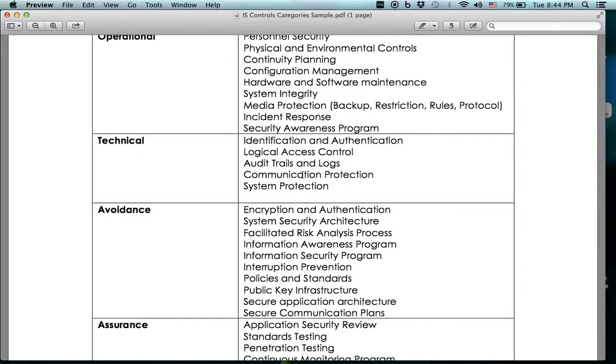For technical control, we depend on the system, like identification or authentication. This area has a lot of investment from this perspective. Some organizations invest in 2FA, two-factor authentication, for access to the system.